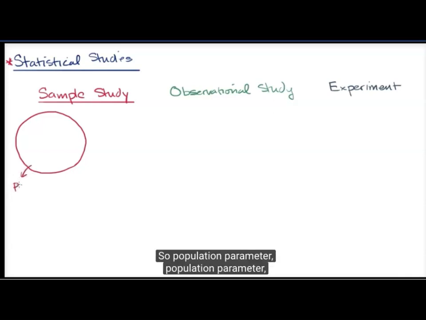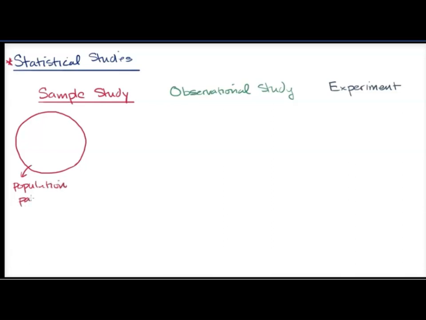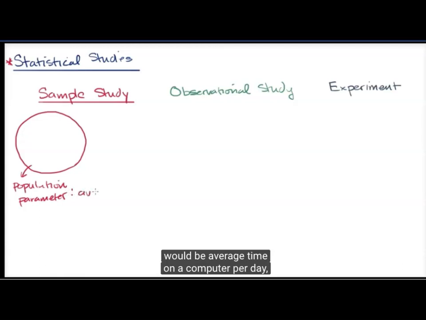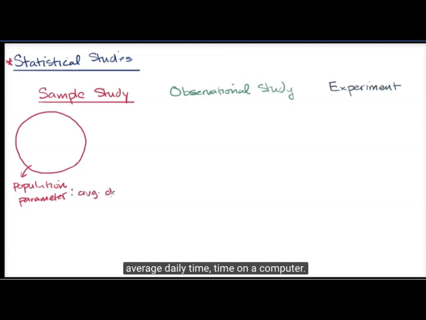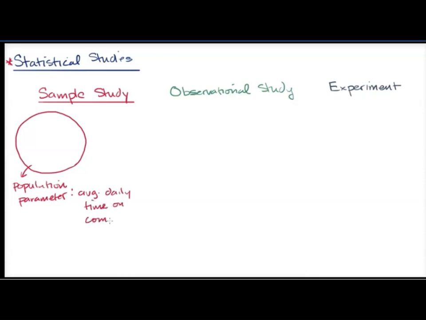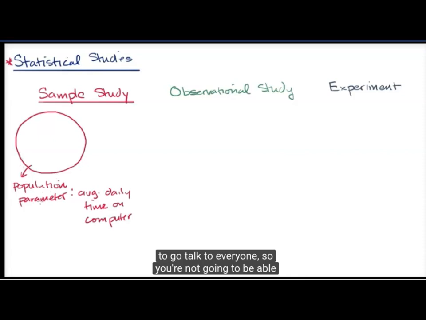So population parameter would be average daily time on a computer. Now you determine that it's impractical to go talk to everyone, so you're not going to be able to figure out the exact population parameter, average daily time on a computer. So instead you do a sample study.